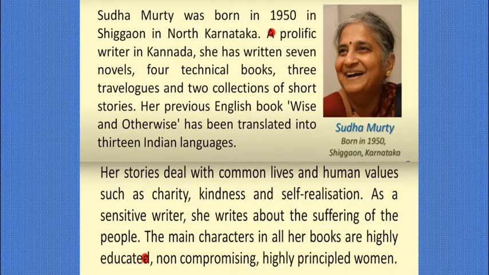As a sensitive writer, she writes about the suffering of the people, what a person goes through in his normal life. She talks about charity, kindness, self realization, human suffering in her stories.